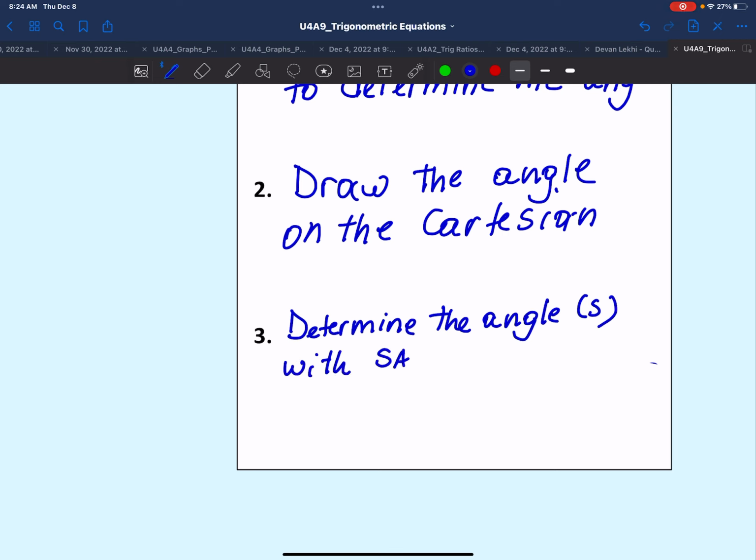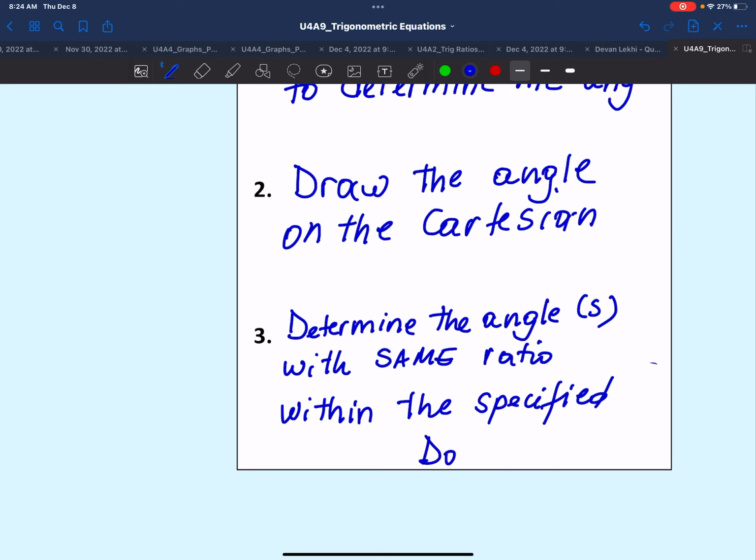With same ratio within the specified domain, which in our case was from 0 to 2 pi. Beautiful writing too, huh? Domain.